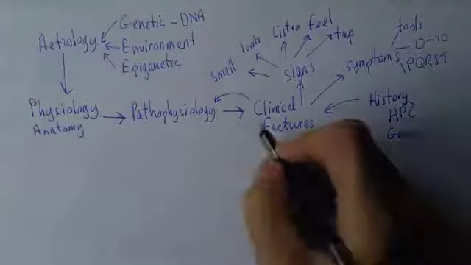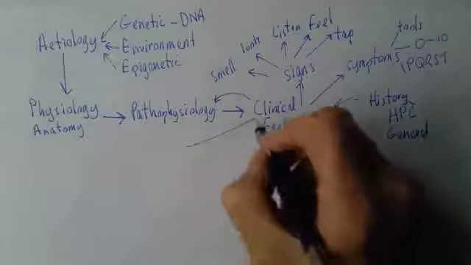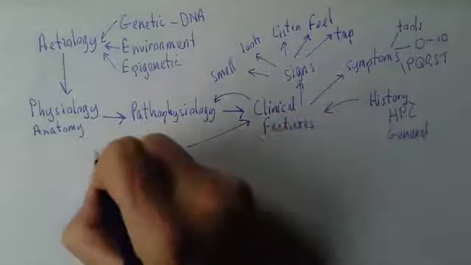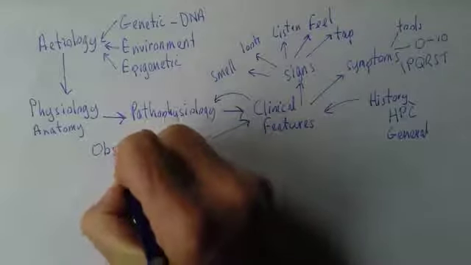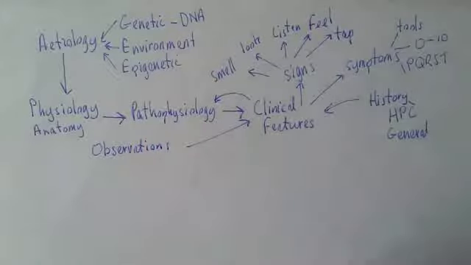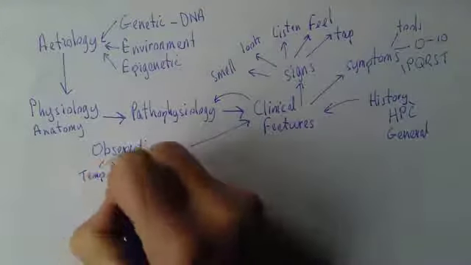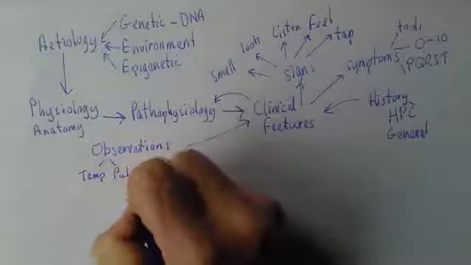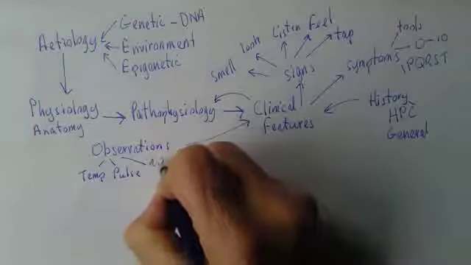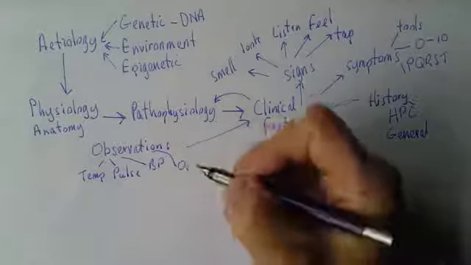And we can also carry out observations. So clinical features can be informed by our observations. So you might think of doing the patient's temperature, or their pulse, or their blood pressure, or their oxygen saturations, or whatever it is.